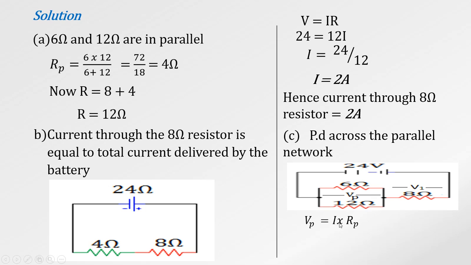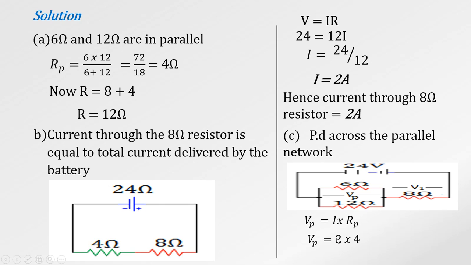We say VP is equal to I, which is the total current, times the total resistance we obtained for only the 2 resistors which were in parallel. So we say I times RP. VP means the PD across the parallel arrangement.